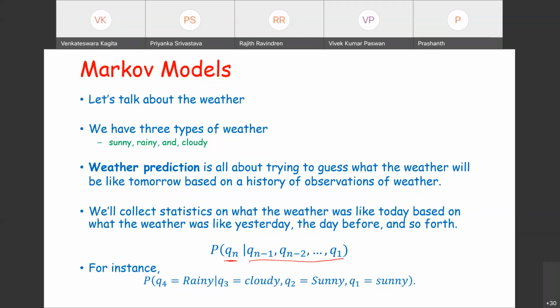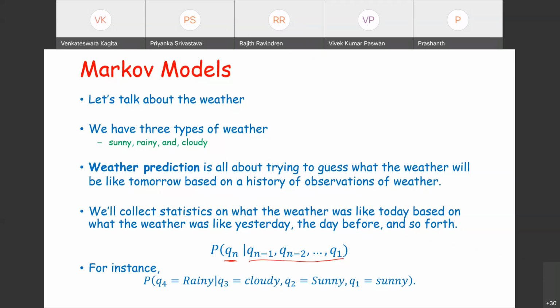You need to predict the probability that the nth day is rainy, or cloudy, or sunny. For instance, what is the probability that day 4 is rainy, given that day 3 is cloudy, day 2 is sunny, and day 1 is sunny? This is what we are interested to predict.